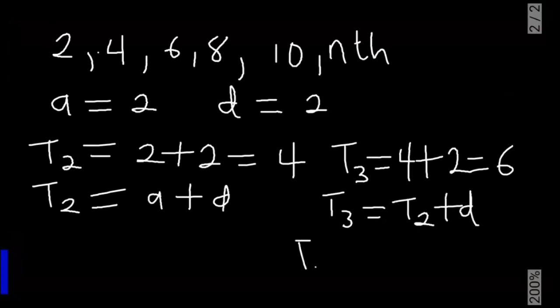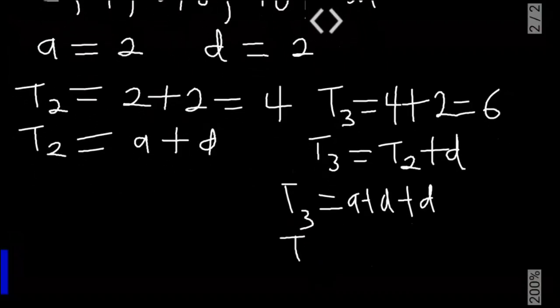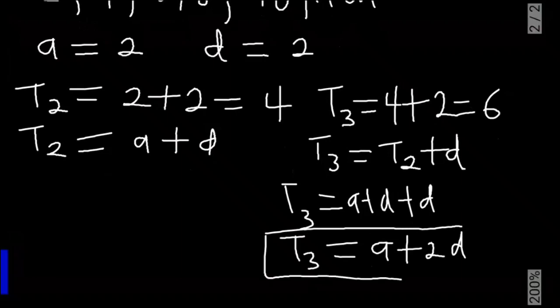Since our second term is a plus d, we have a plus d plus d. So this gives us a plus 2d. T2 is a plus d.